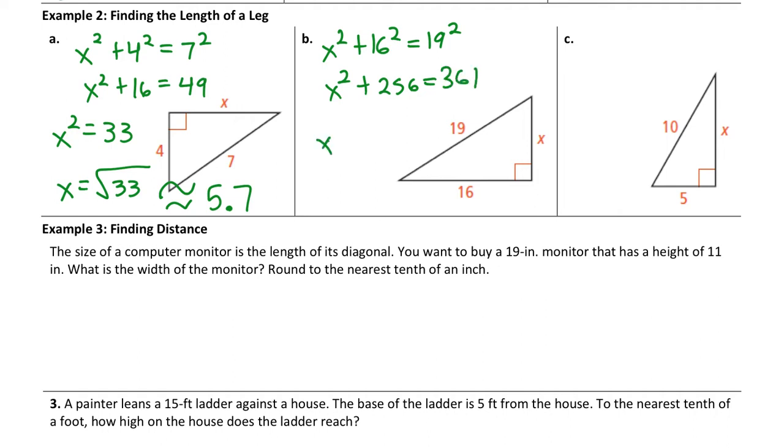So x squared equals 361 minus 256, which is 105. And 105 is another one of those square roots we can't simplify. So I would just leave it as the square root of 105. Now, if I did ask you to round to the nearest tenth, this would be about 10.2, okay?